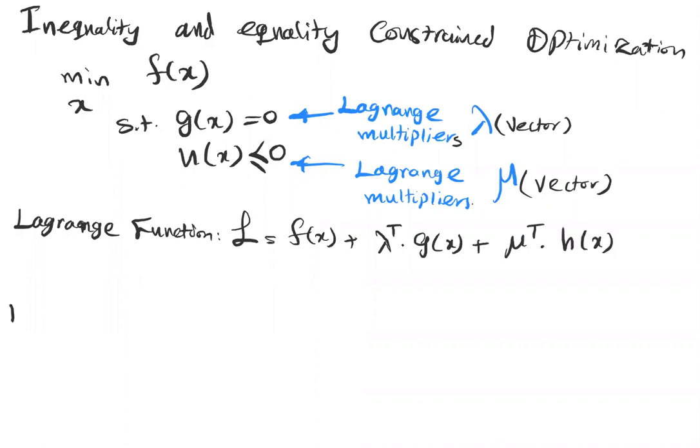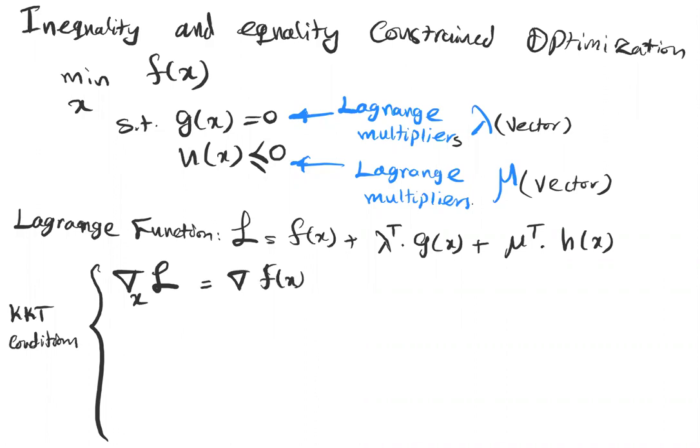In the next step, we determine the KKT conditions. First, we have to find gradient of Lagrange function with respect to x. So if we have multiple x, it's going to be with respect to x1, x2, and so on. So this is going to be gradient of f of x with respect to x plus gradient of h of x with respect to x transpose multiplied by mu plus gradient of g of x with respect to x transpose multiplied by lambda.